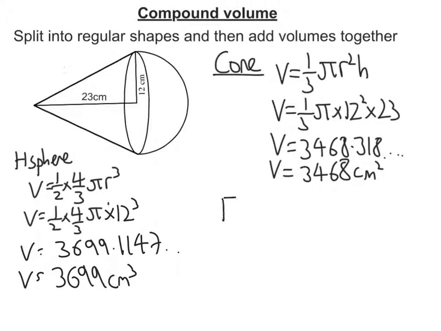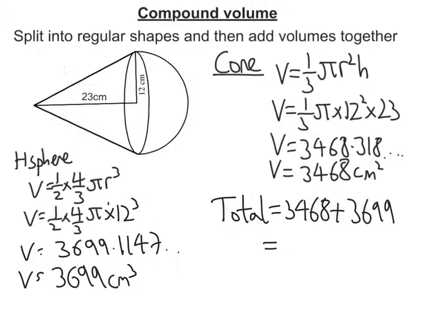And then add my two values together. So 3468 plus 3699, and that will give me 7087.43, because I've kept using the unrounded versions.